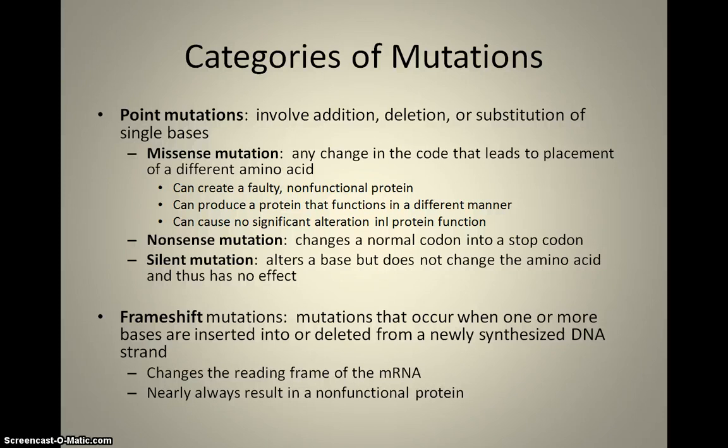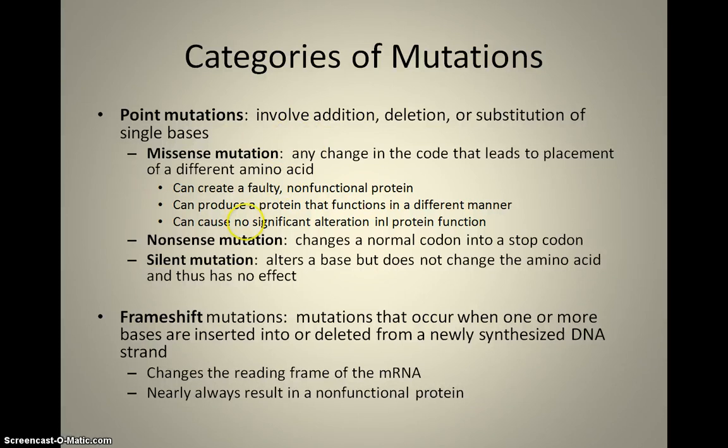So this is a missense mutation, which leads to a different amino acid going into the sequence. Sometimes it can cause very little difference in the function of the protein. Sometimes it can allow it to function in a different manner, which could be beneficial, or it could create a non-functional protein. So this is a missense mutation where you put in the wrong amino acid.